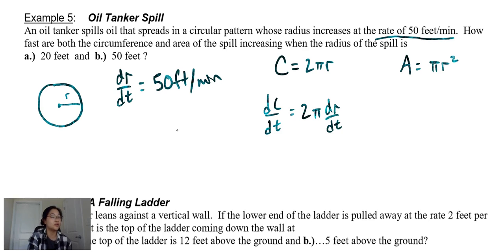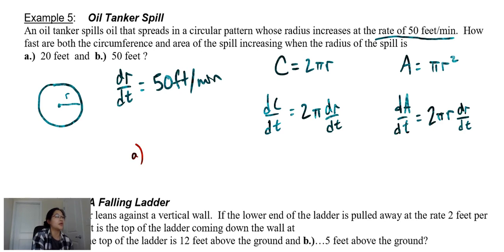And for area, dA/dt equals, and now we need to power rule, right? So we got 2 pi r. Whoa, 2 pi r. Wild, it's like the area and the circumference are connected. Times dr/dt because of the chain rule. So then just for part A and for part B, we just need to plug in what we know. So we got A is, radius is 20 feet.